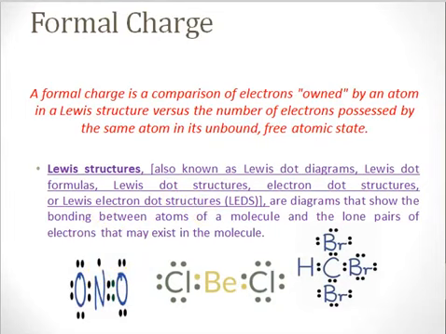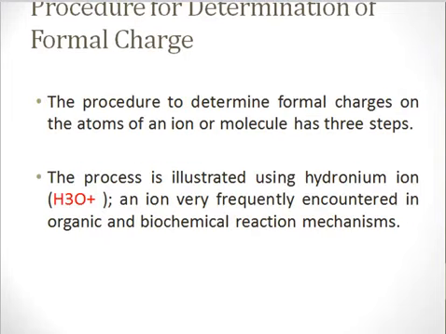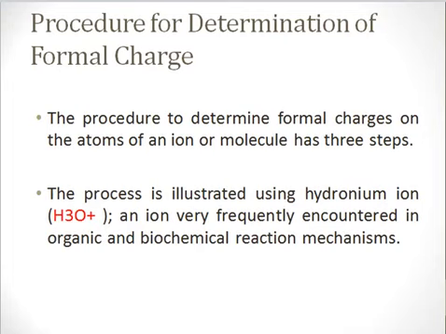Next we'll consider the process for calculating the formal charge, and how we can determine if the molecule we are considering, or a certain atom, is electronically deficient or electronically rich. This procedure consists of 3 steps.